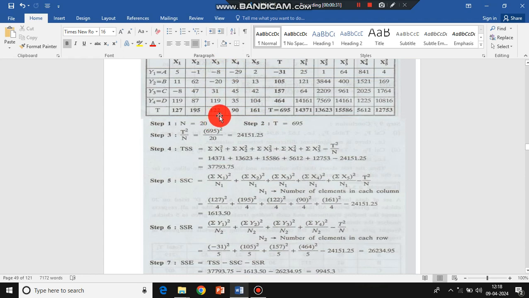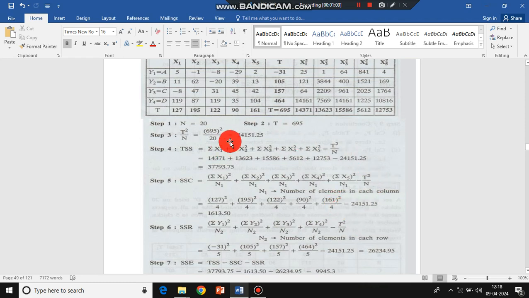So 122 square divided by 1, 2, 3, 4, plus the fourth term summation, which is 90. So 90 square divided by 4. Similarly, the last one is 161 square divided by 4, minus T squared by n.